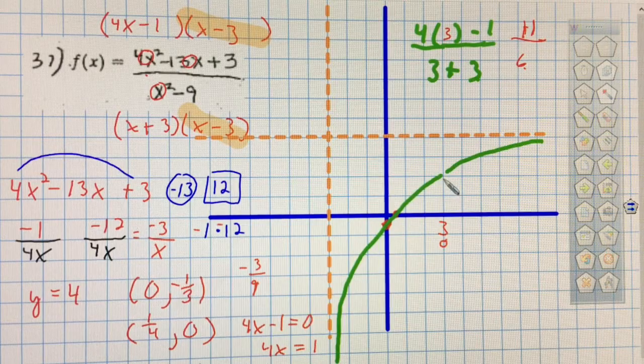It's going to be at 1.8 where my hole is going to be. So I'm just going to make my graph a little bit more accurate with that hole. It's going to go through that hole, and that's going to be that portion of the graph. The other portion of the graph is going to be up in this zone and go up in that area.